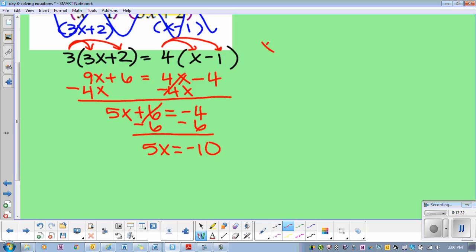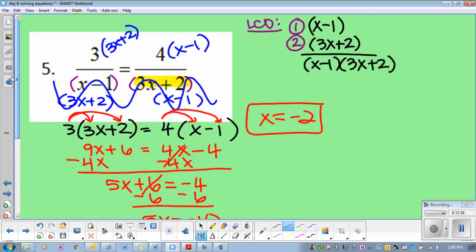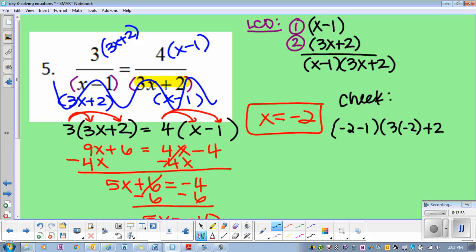Did you get x equals negative 2? Yeah. All right. So x equals negative 2. Did you check? Okay. So in order for me to check, I have to plug it into that LCD. So let's see, negative 2 minus 1 times 3 times negative 2 plus 2.